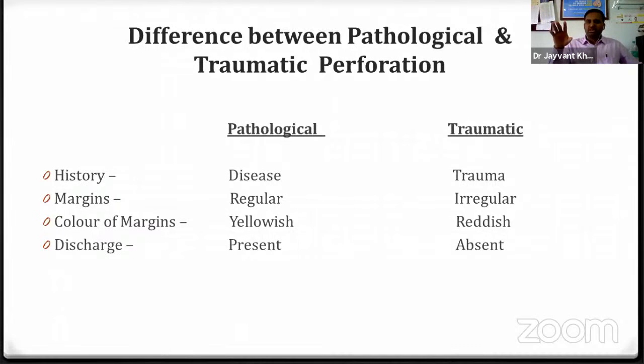Pus color is yellowish, so margins are yellowish. But due to direct trauma on the tympanic membrane, there is a rupture of capillaries present in the margin of the tympanic membrane. So the color of margins in the traumatic perforation is reddish, because of the capillary breakdown of the margins.